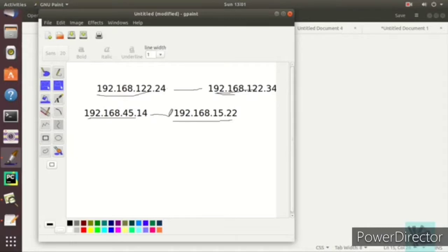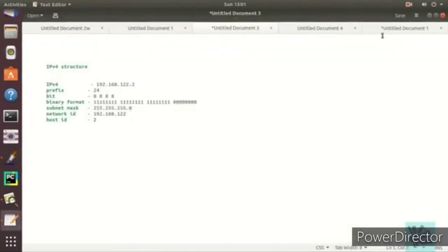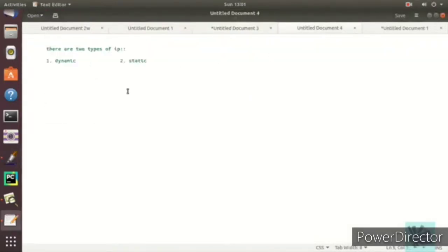There are two types of IPs, one is dynamic and one is static. The dynamic IP is based on the DHCP protocol, Dynamic Host Configuration Protocol, and in DHCP a range of IPs is defined, given by your connection such as a mobile or any other device you connected from your system.